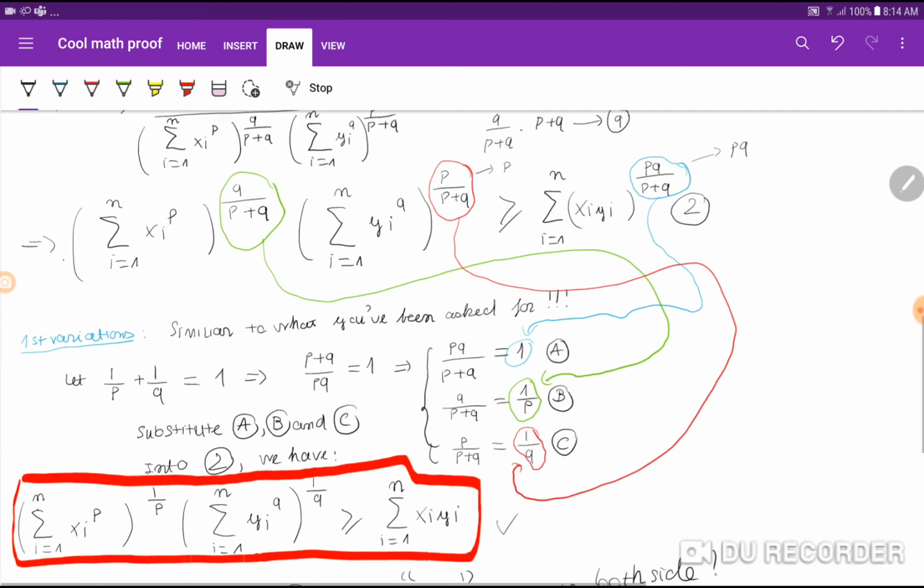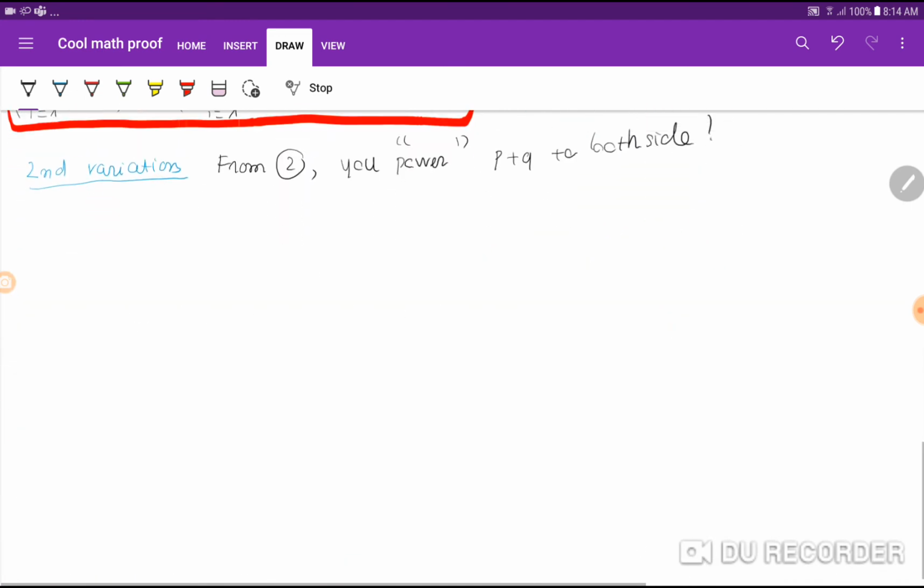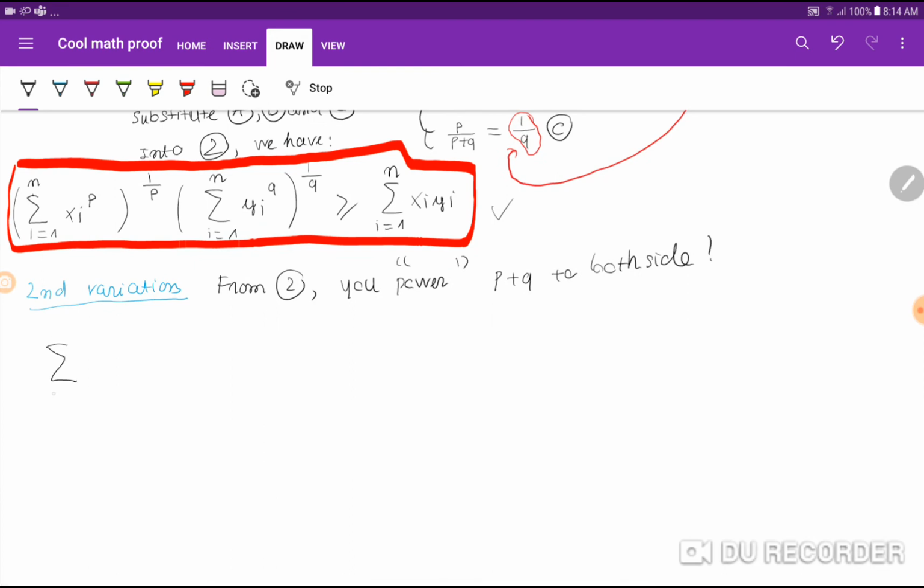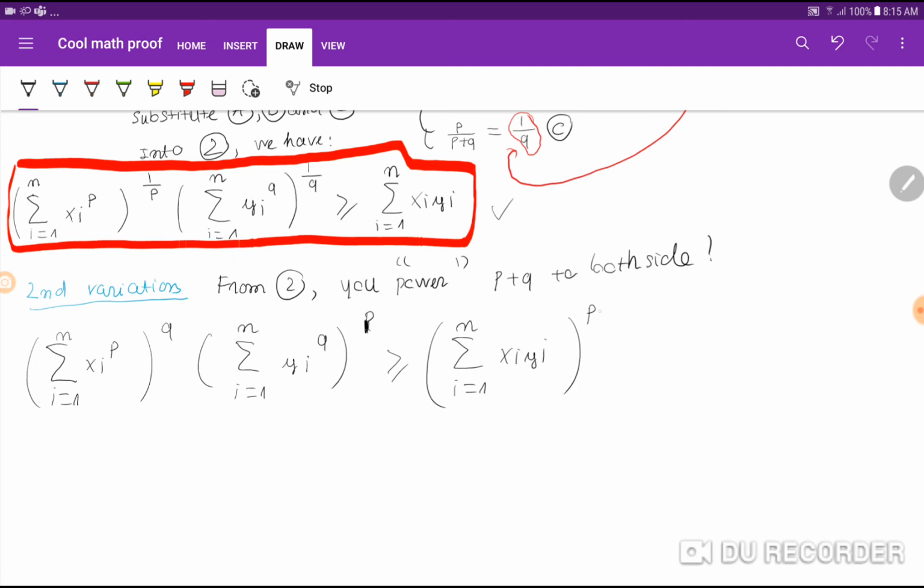You just rewrite them and you arrive at this: the summation of i equals 1 to n of xi to the power p, all to the power q, times the summation of i equals 1 to n of yi to the power q, to the power p, greater than or equal to the summation of xi yi to the power of pq. I think this one makes more sense.